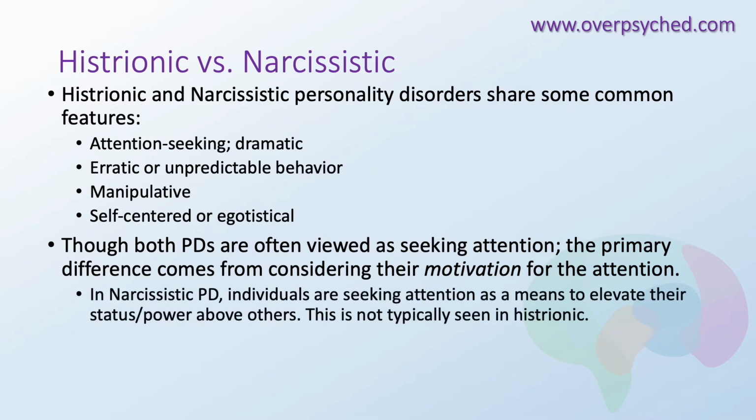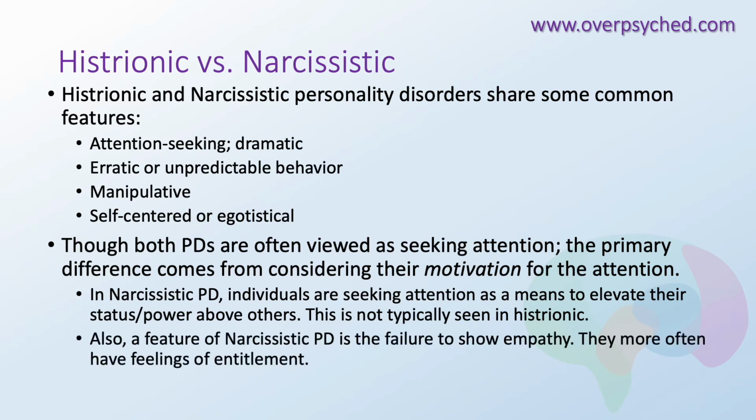In narcissistic personality disorder, individuals are seeking attention as a means to elevate their status or power above others. This is typically not seen in histrionic personality disorder. Also, a feature of narcissistic personality disorder is the failure to show empathy. They more often have feelings of entitlement.